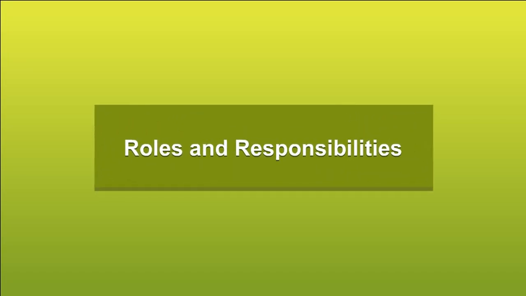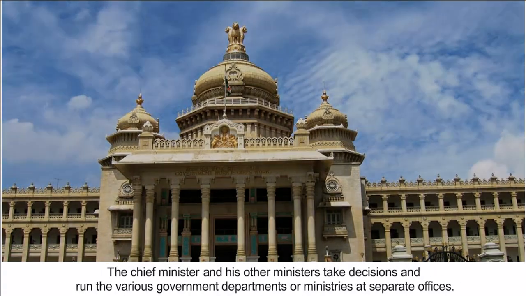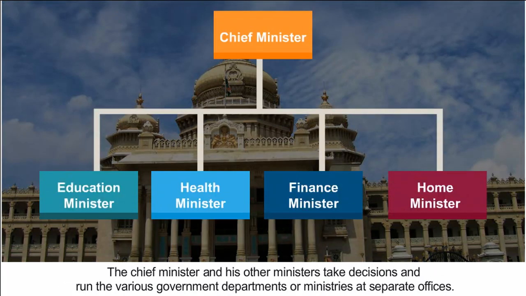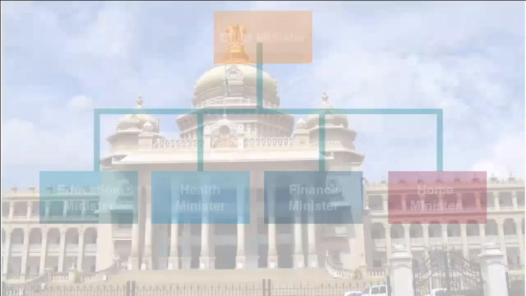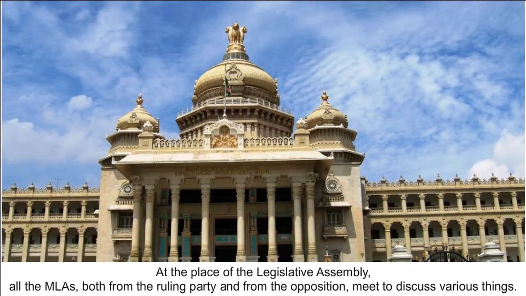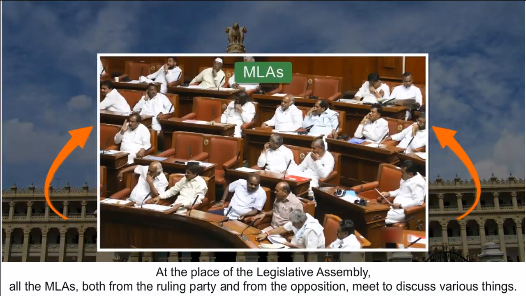Roles and responsibilities. The chief minister and his other ministers take decisions and run the various government departments or ministries at separate offices. At the place of the Legislative Assembly, all the MLAs, both from the ruling party and from the opposition, meet to discuss various things.